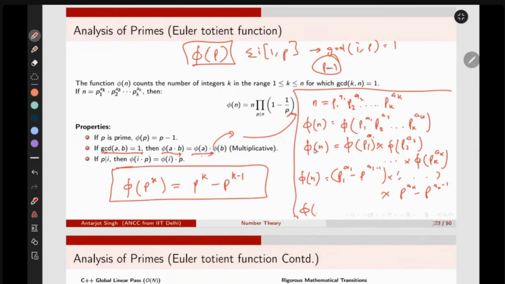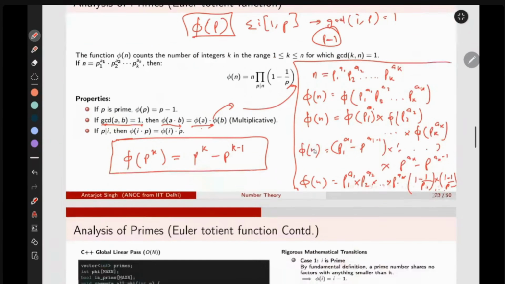If we take p to the power a1 common, then it is just this.